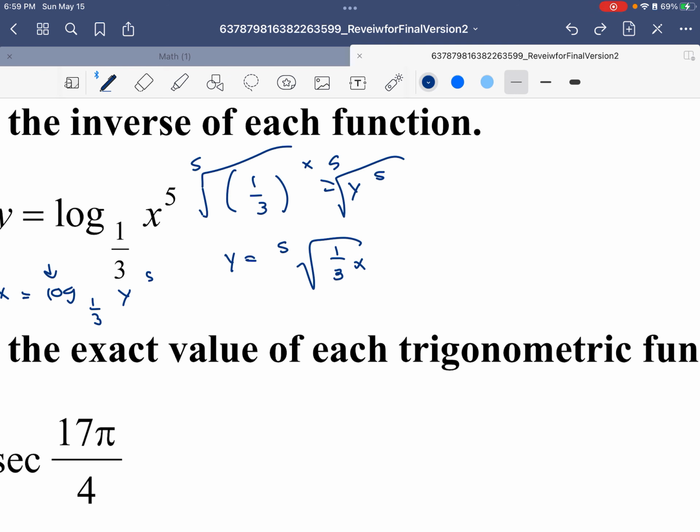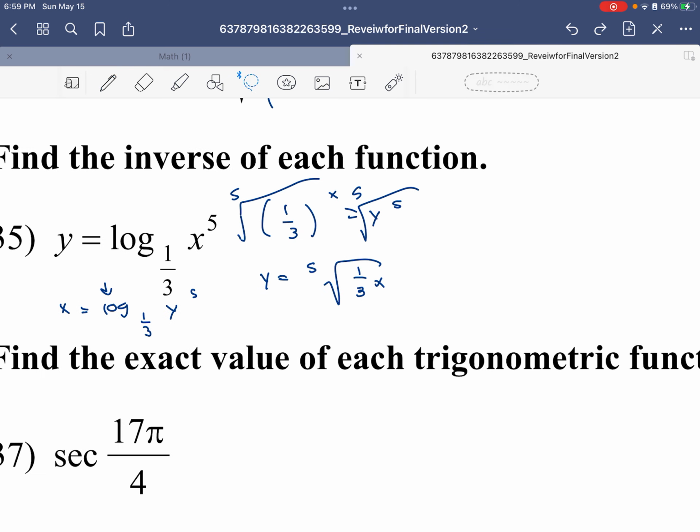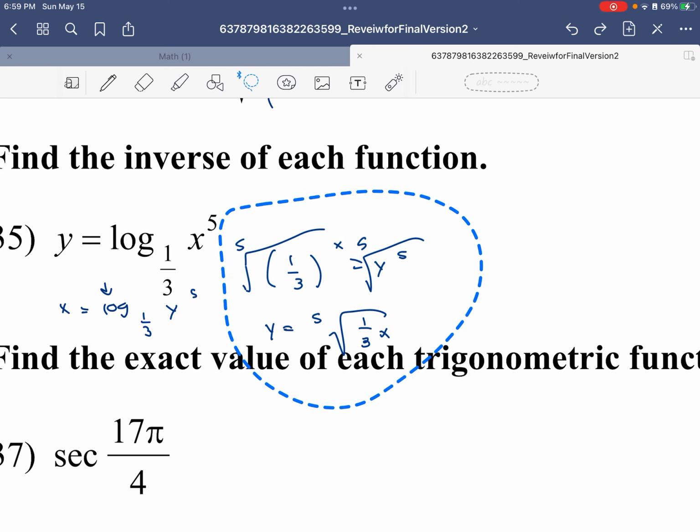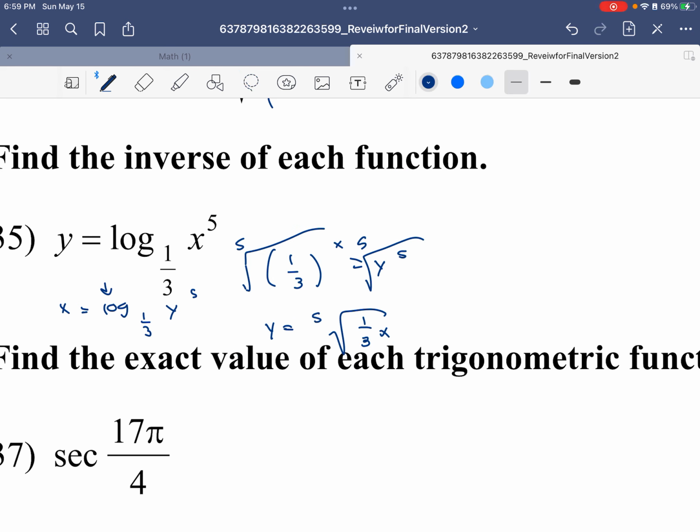Okay, so let me add one extra step to make this process more clear. So I turned it into an exponential function, and then I distributed the x inside.